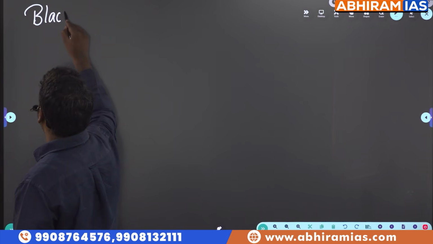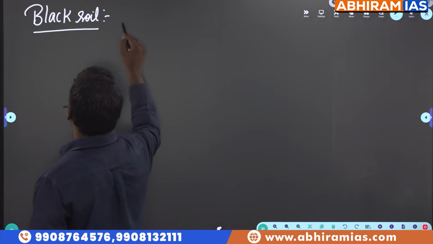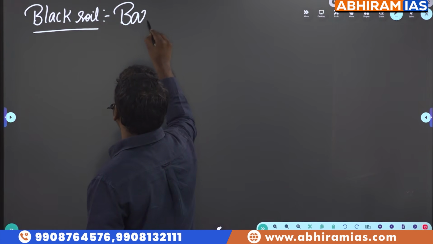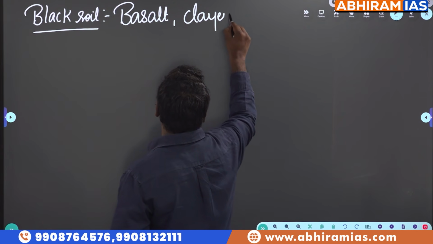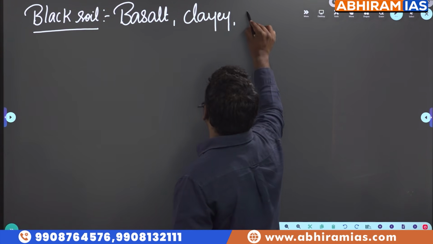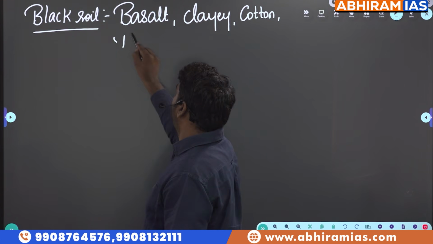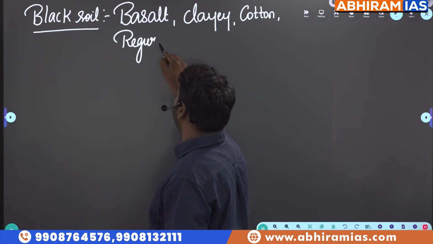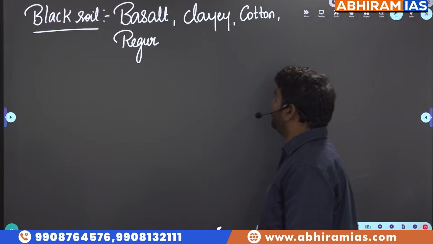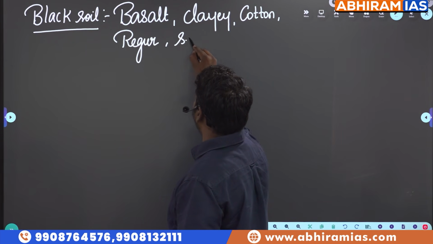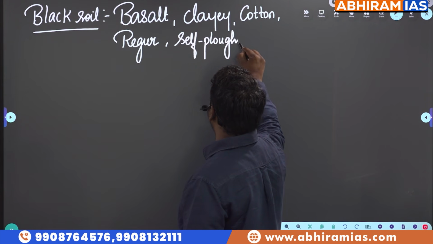Black soil. Made from basalt. It is clayey soil. It is also called cotton soil. It is called regur soil. Nalla regullu they call regur soil. It is also called self-flowing soil because cracks are present.